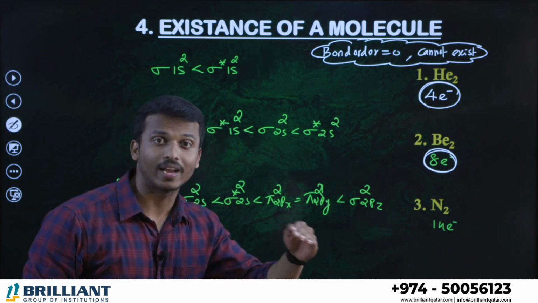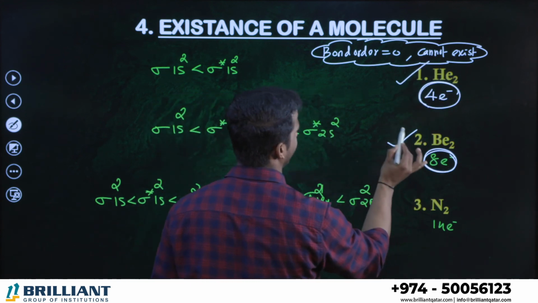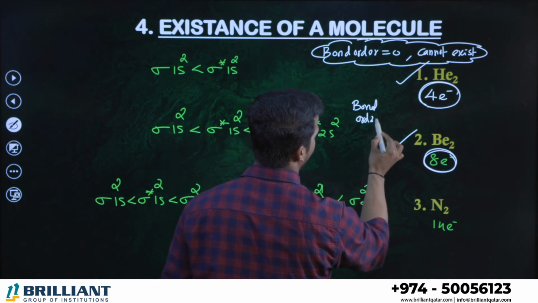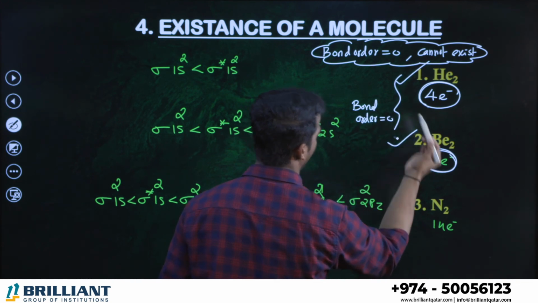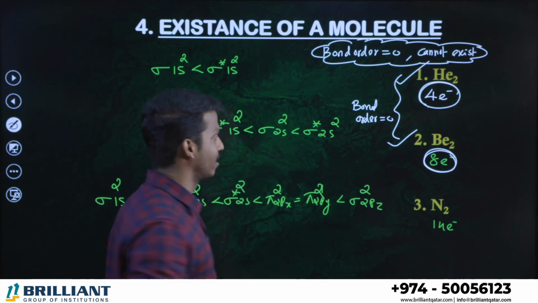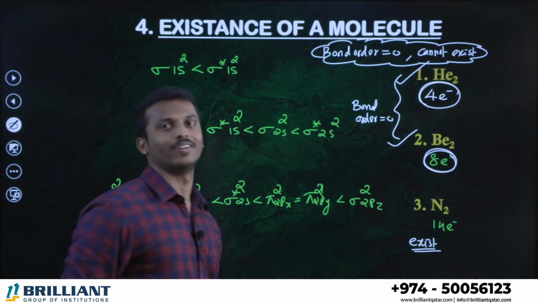He2 and Be2 cannot exist because their bond order is equal to 0. What about nitrogen? It can exist because it has a bond order of 3.